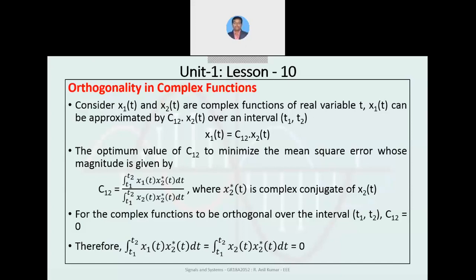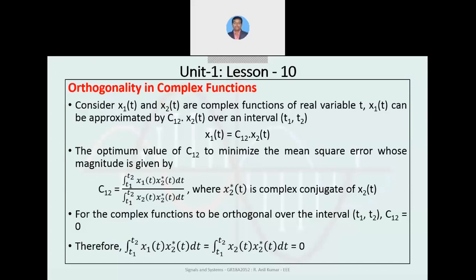Here we are expressing x1 of t in terms of x2 with the parameter c12, where c12 is the magnitude and x2 of t is the other complex function. The optimum value of c12 needs to be chosen so that the minimum mean square error will be 0 or nearer to 0.